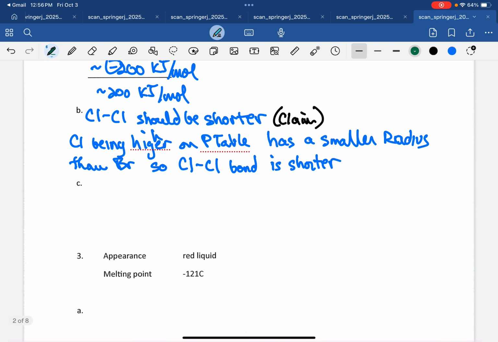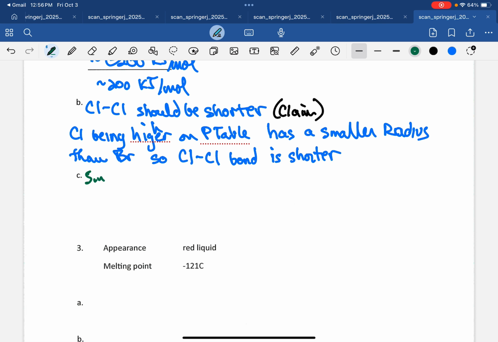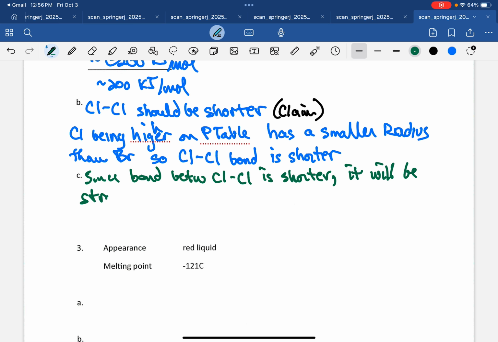Since the bond is shorter, it will be stronger, and therefore more energy.